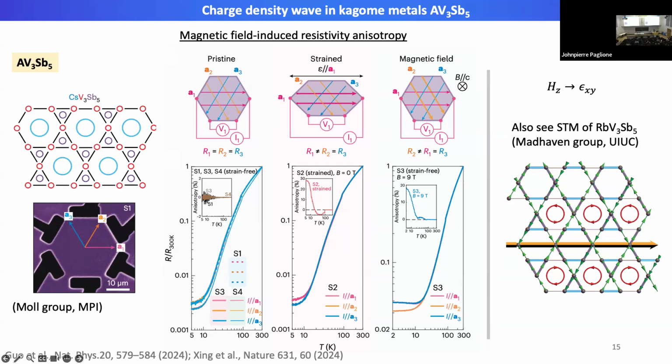Right. So a very different experiment from the group of Vidya Madhavan at UIUC also suggests the same scenario, where the signature there is a light-induced STM pattern change.